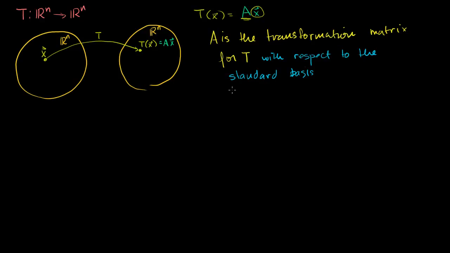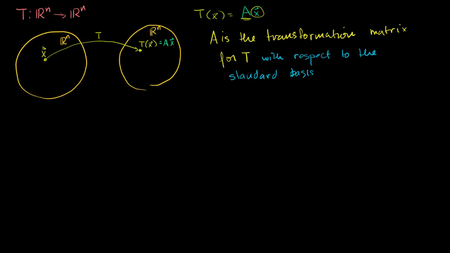But now we know that there are multiple coordinate systems. There are multiple ways to represent that vector, because Rn has multiple bases, and each of those bases can generate a coordinate system where you can represent any vector in Rn with coordinates with respect to any of those bases.